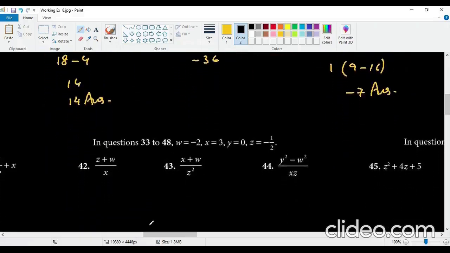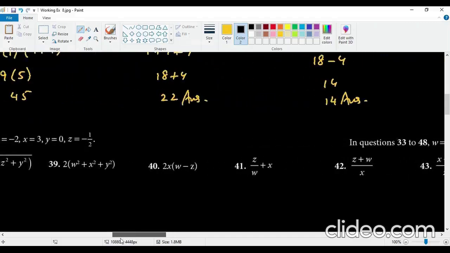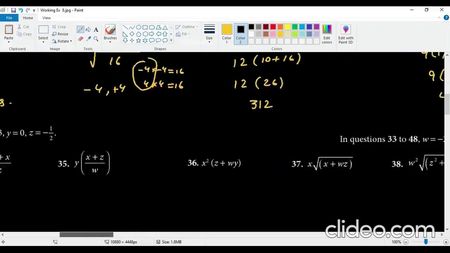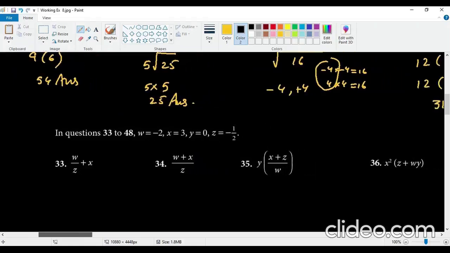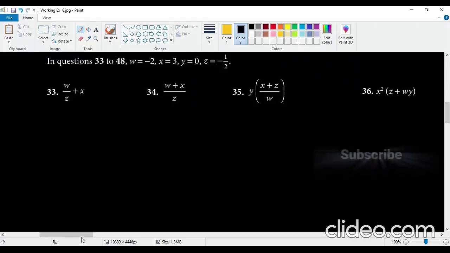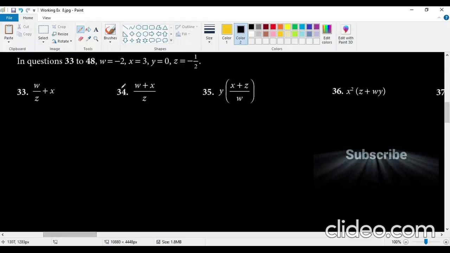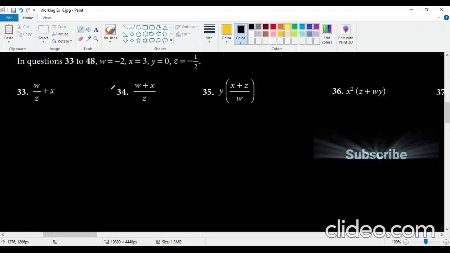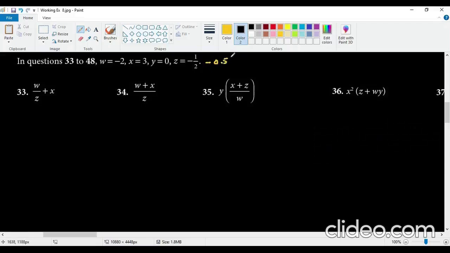Moving on to the next question, which is a bit different in that the values are different for the variables. It's over here 32 and comes 33. Now in this question, the values of w, x, y, and z, there are 4 variables in which values are to be kept. Sometimes I might use negative 0.5 for negative 1 over 2, so it's going to be the same thing.